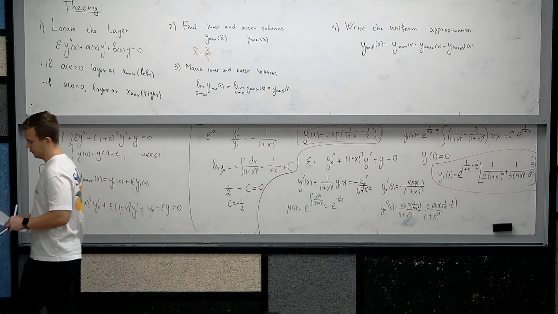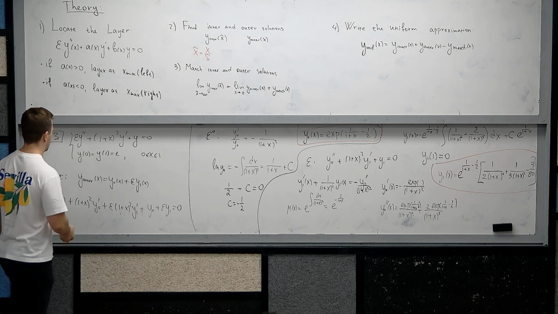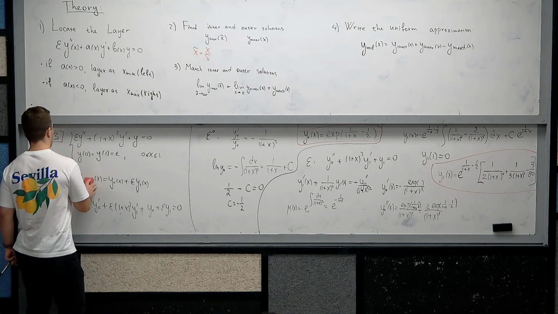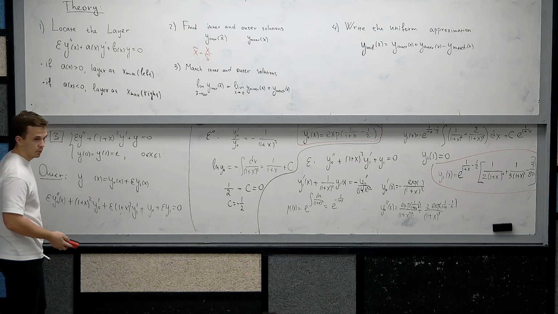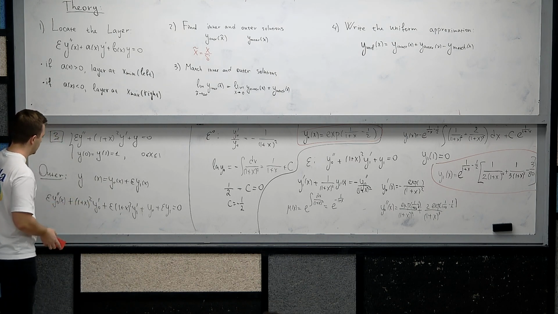This is for our outer solution. Now let's work with the inner solution. We do the same stuff for the inner solution, but with the new variable, with x tilde. But the rest is pretty much the same.